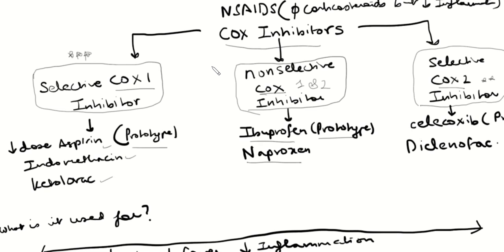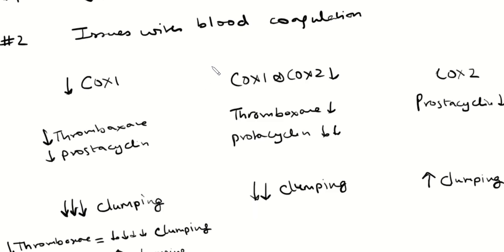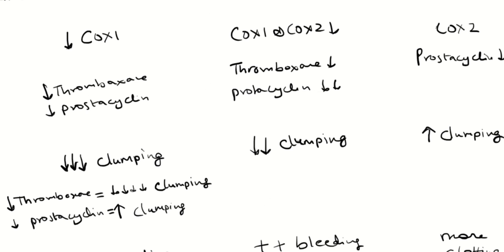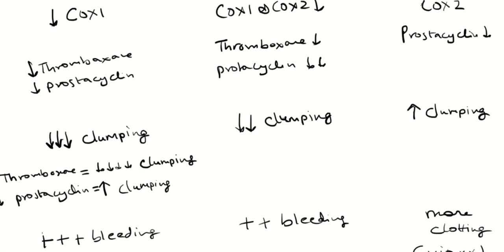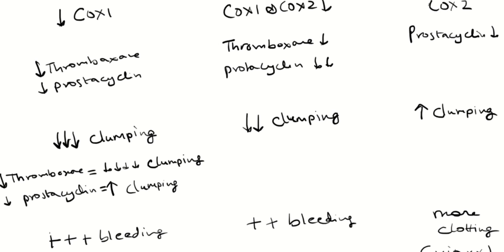Now, let's talk about this a bit and spend some time on it. I really want to talk about this for a second. So essentially, you have the Cox-1 inhibitors, the Cox-1 and 2 inhibitors, and only the Cox-2 inhibitors.